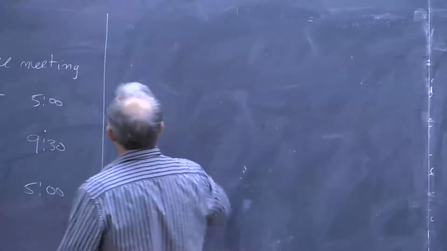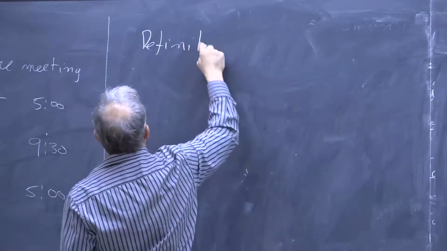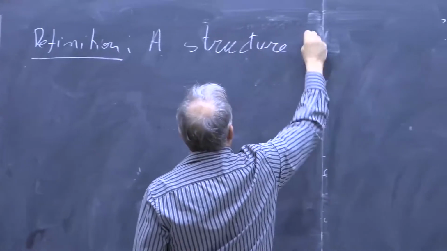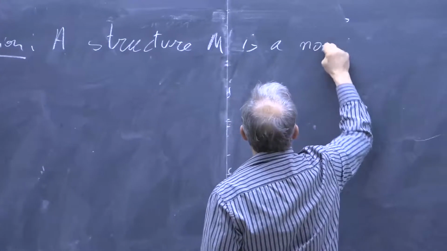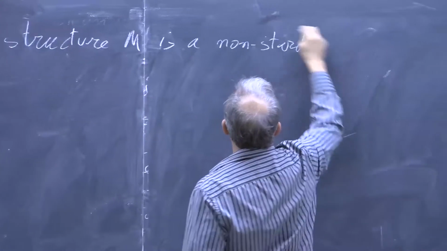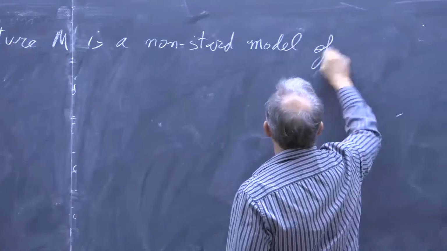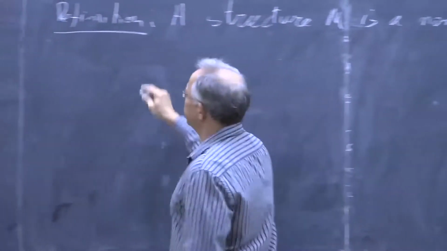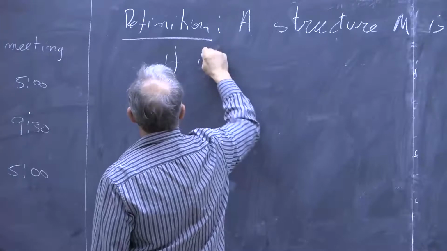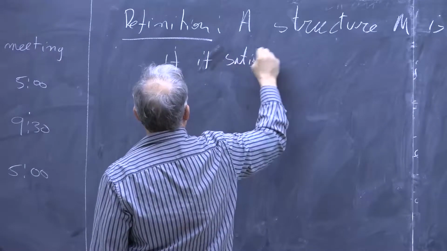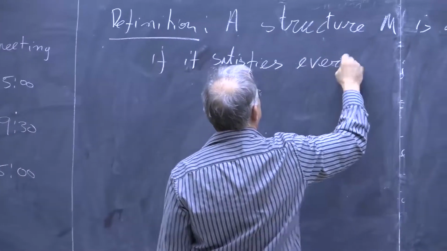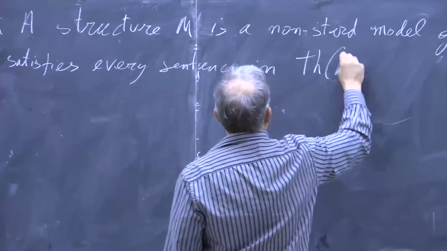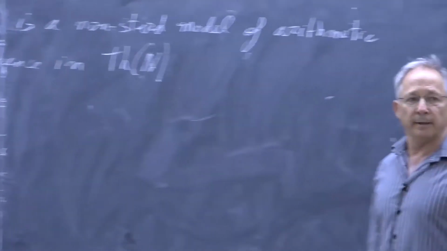So here is my definition. A structure M is a non-standard model of arithmetic if it satisfies every sentence in the theory of N. So the theory of N is all the sentences that hold in the natural numbers.